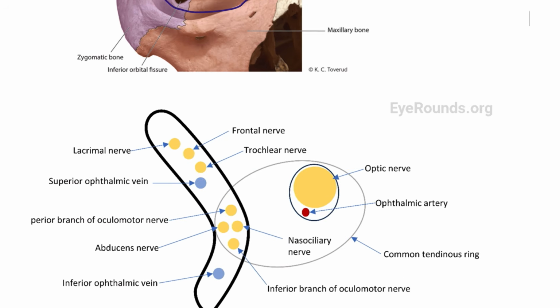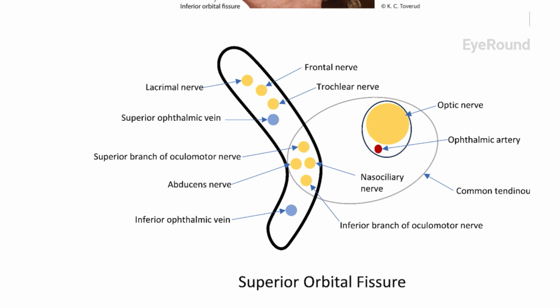And what are the contents of this one? Here in the picture, this is the superior orbital fissure, and the important structures passing are the lacrimal nerve, frontal nerve, trochlear nerve, superior ophthalmic vein, inferior ophthalmic vein, and also other nerves in the medial compartment. This is the superior compartment, inferior compartment, medial compartment.